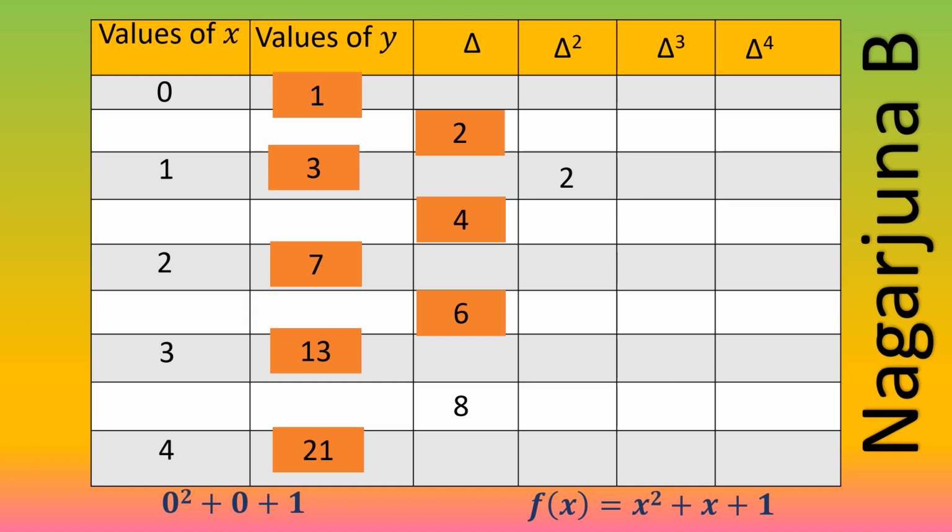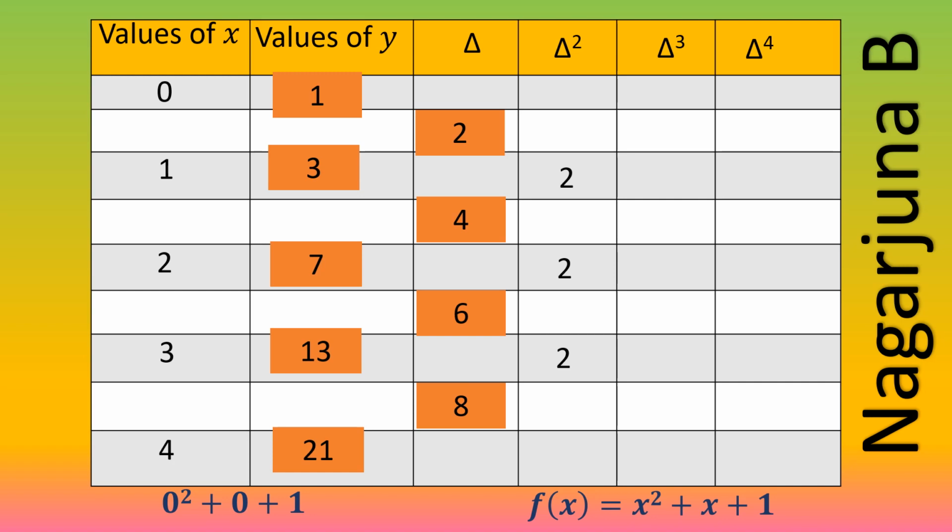That one you need to write in between 4 and 6 in the column of delta square in this way. The next value of delta square, 8 minus 6 is equal to 2. Right. So observe where I have written those values. You need to write in the same way, in the same position.